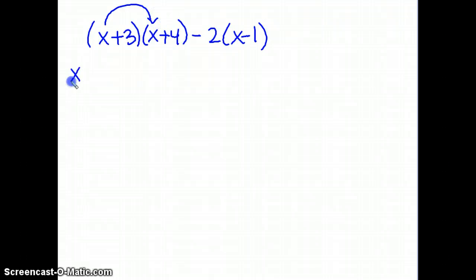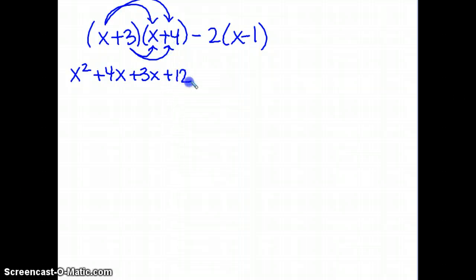So x times x is x squared, x times 4 is 4x, 3 times x is 3x, and 3 times 4 is 12. So that's the first set of parentheses. The second set, you have to distribute the negative 2. So it's going to be negative 2x, and then you have to do a negative 2 times a negative 1, which will become a positive 1.